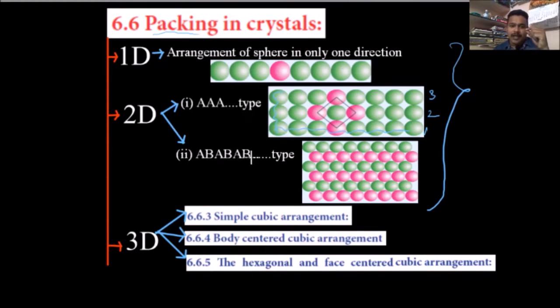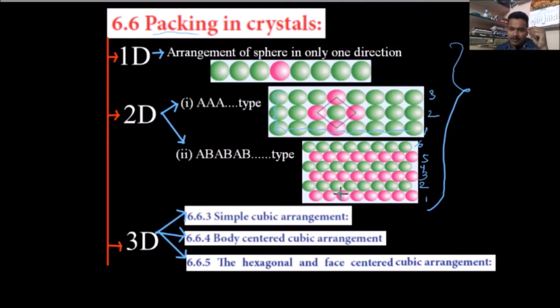Then ABAB type, see here. Similarly, here is the first row, then second, third, fourth, fifth, sixth. This is our diagram. In the first row, atoms are arranged in one direction. After that, there are depressions in the first row.